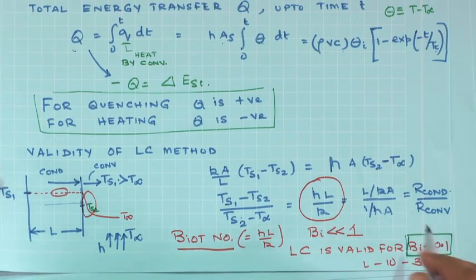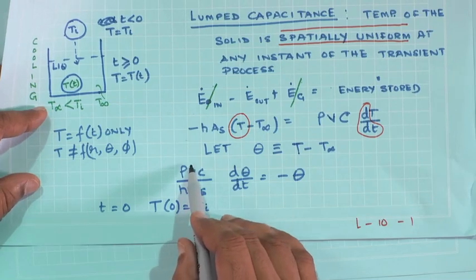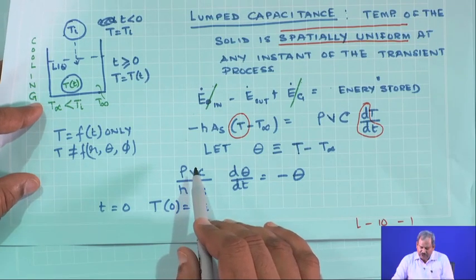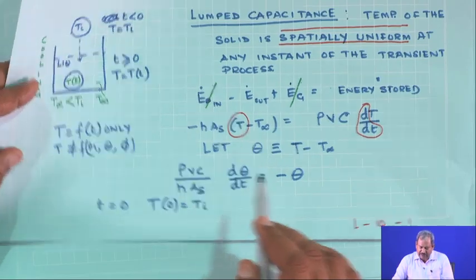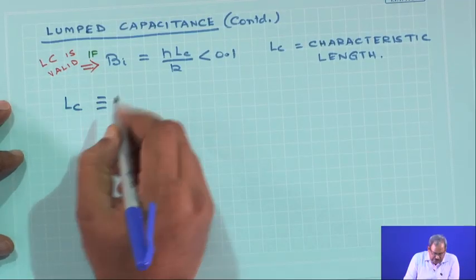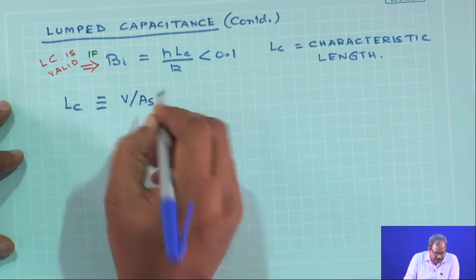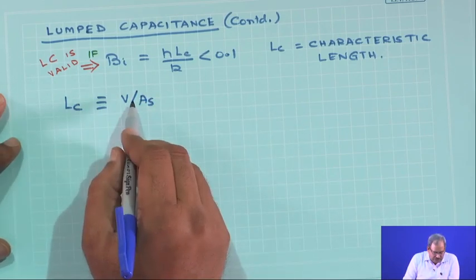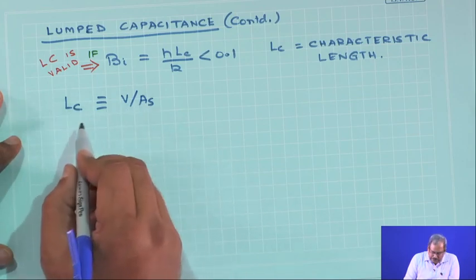The L that appeared in the expression in the previous slide has come from this, it is V by As. So, how do we find out the expression for Lc? Lc is defined as V by As, where V is the volume of the solid and As is the surface area.